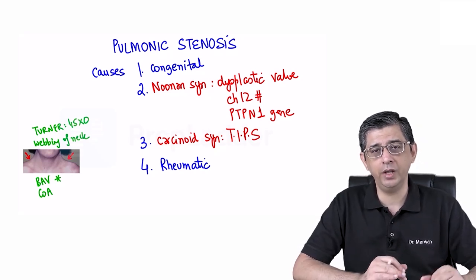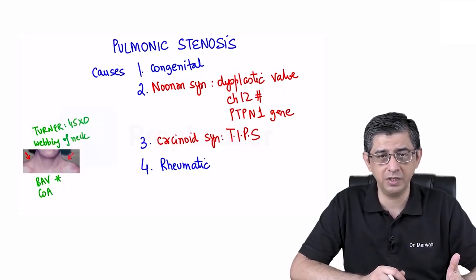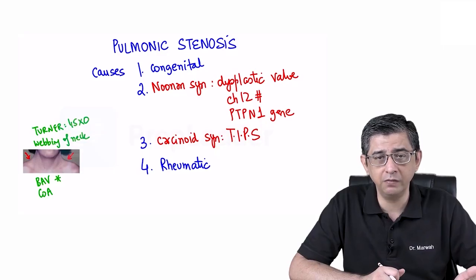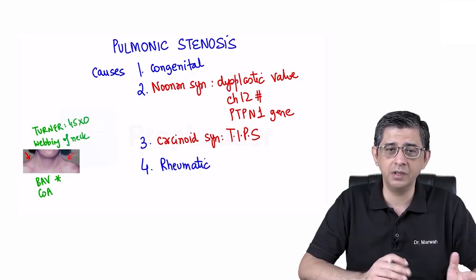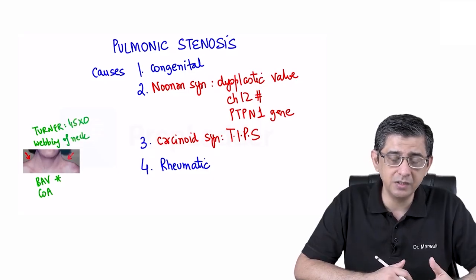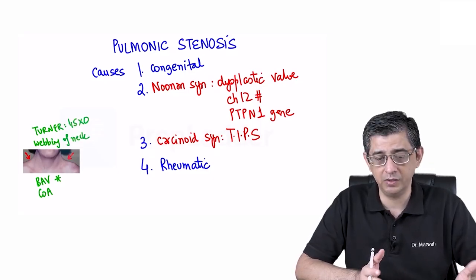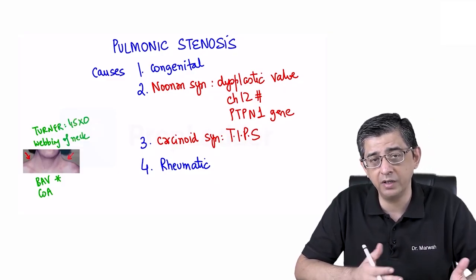So I would like you to take this with the right perspective. If a question says not involved in rheumatic, the answer is pulmonic valve; if it says the rarest involved, again the answer is pulmonic valve. So both statements are correct and they do not contradict each other. It is just that in Indian studies they may not have found pulmonic valve involvement, and in some cases abroad they might have detected it in a few cases.